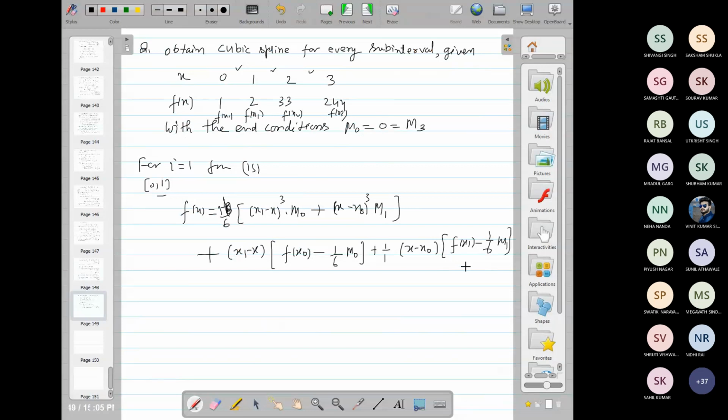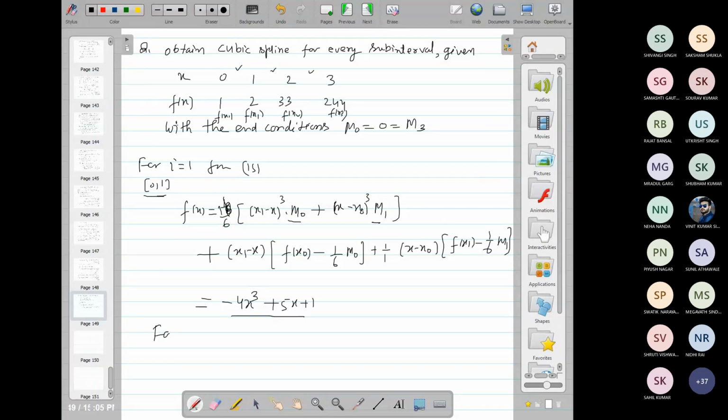Now substituting the value of m0 as 0 and m1 and simplifying, this becomes minus 4x cube plus 5x plus 1.